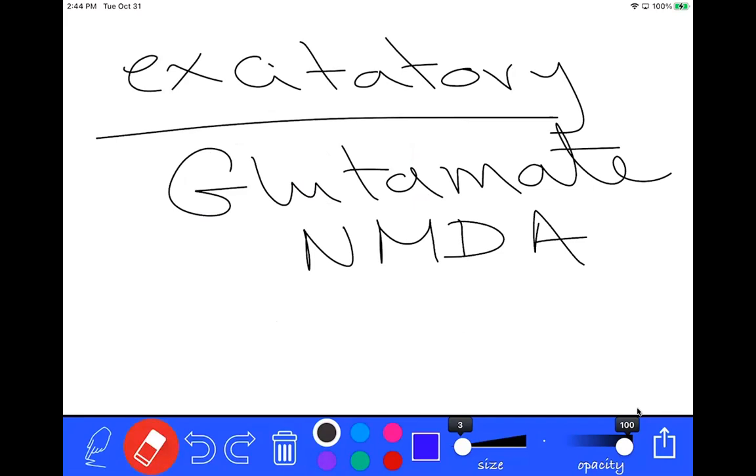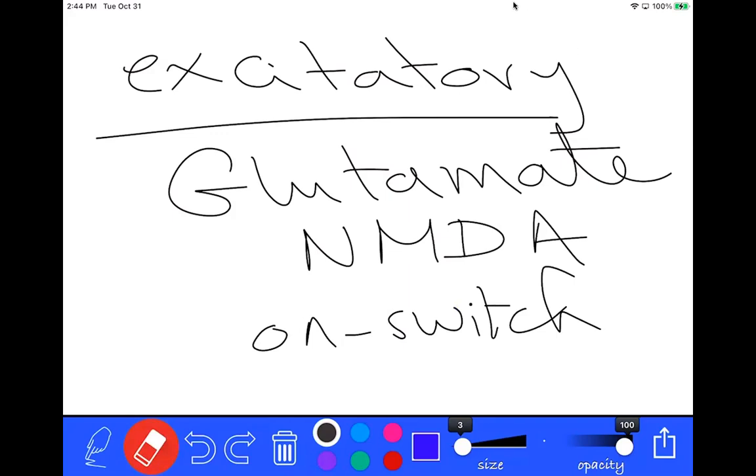It always activates the next neuron. And therefore, glutamate is described as the on switch of the brain. So different neurotransmitters play different roles depending on the type of receptor they interact with.